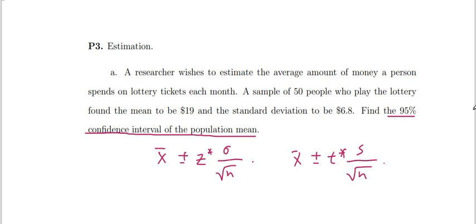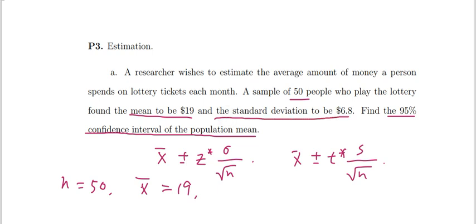We take a sample, so n equals 50 sample size, and sample mean x bar equals 19. And the standard deviation says... So this standard deviation is sigma or s.